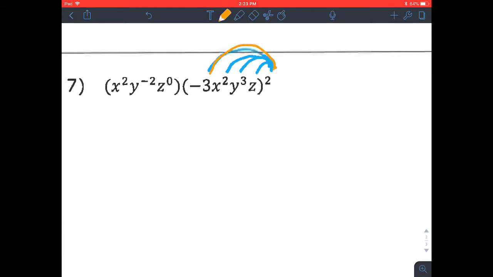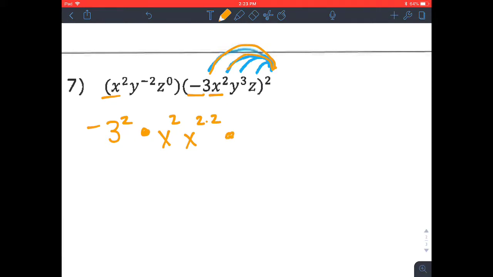So then I have negative 3 to the second power times x to the second power, I'm not going to forget it, and then x to the second power times the second power, because I've got to make sure I'm distributing that too.